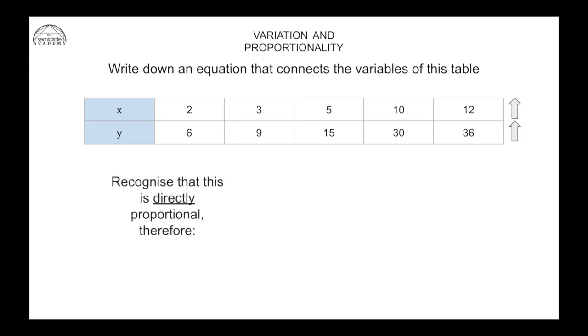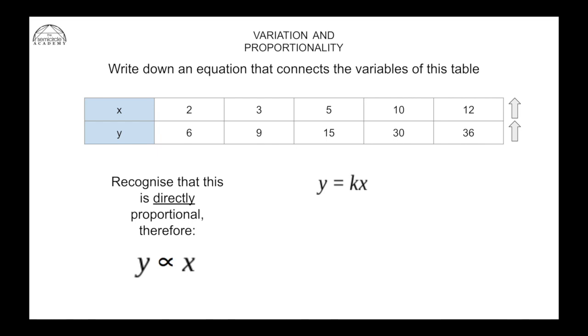So therefore, we could recognize that this is a directly proportional relationship, and therefore y is directly proportional to x. So when we recognize that, we could use the equation y is equal to kx, where k is the constant of proportionality.